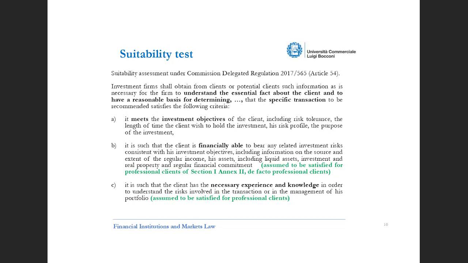It doesn't simply say, for instance, in the suitability test, suitability does not apply to professional clients. It applies the test on a case-by-case basis to professional clients.